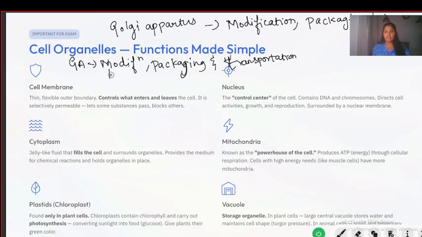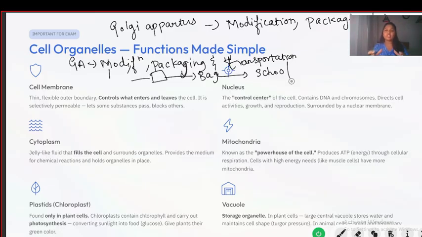The texture changes, the way it tastes also changes, right? Then she will also add some vegetables and all, and it becomes fried rice or egg rice, whichever you like. Then that food is packed in your tiffin, and then she gives it to you. It is kept in your bag, and then it is brought to your school. Very basic example. So that is how a Golgi apparatus works.